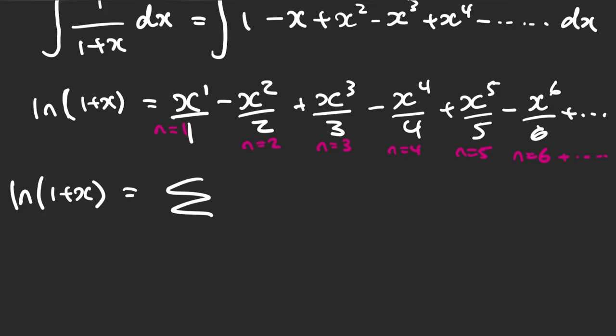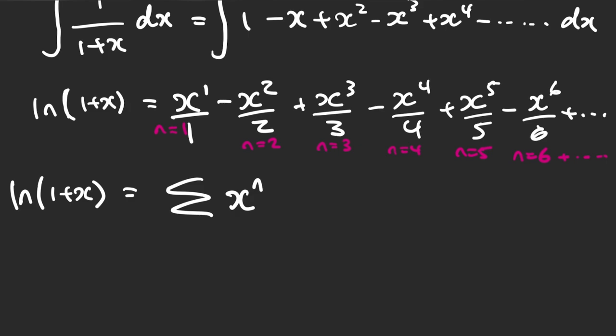So our infinite sum, we know it's going to have an x in it, and that x is just raised to the power of n, because when n was equal to 1, we had the power of 1. When n was equal to 2, we had the power of 2. When n was equal to 3, we had the power of 3, and so on. So all we're doing is raising x to whatever power of n we're at.